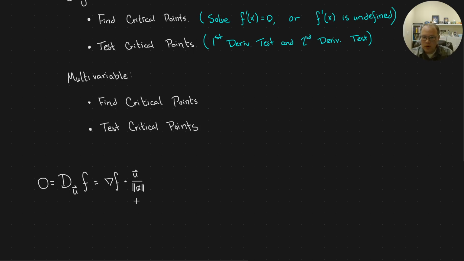Right? The only way that this can be 0 in every single direction that you could possibly point in is if the gradient is equal to 0, right? Because I'm taking the dot product here, and because this can be lots of different things, the only way that it can be 0 in every possible circumstance is if the gradient is equal to 0.